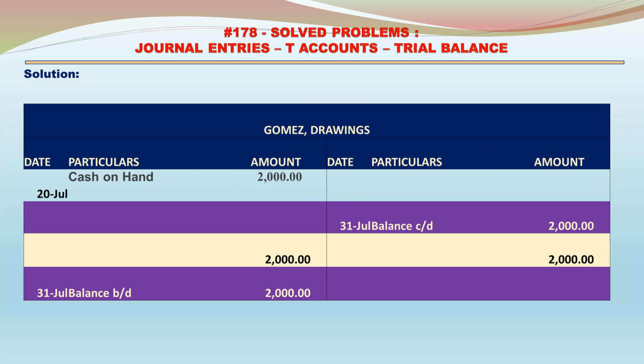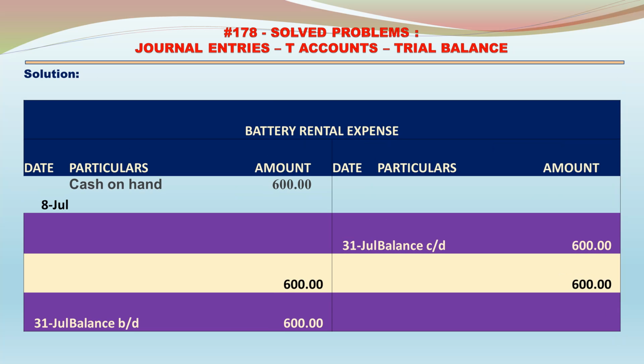Gomez drawings on the debit side, 20th July cash on hand 2,000 debit, balance brought down 2,000 debit in Gomez drawings account. Battery rental expense on the debit side, 8th July cash on hand 600, balance brought down 600 debit in the battery rental expense account.